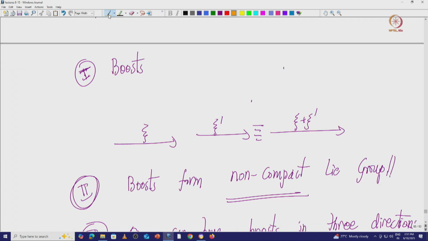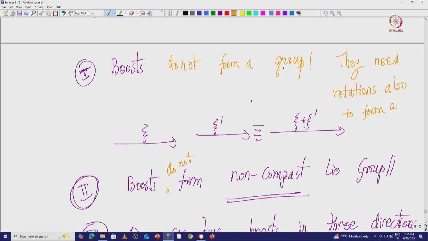Boosts do not form a group, because what happens is two boosts need rotations also to form a group. I think last time I mentioned that they themselves form a group. I think that was the mistake.